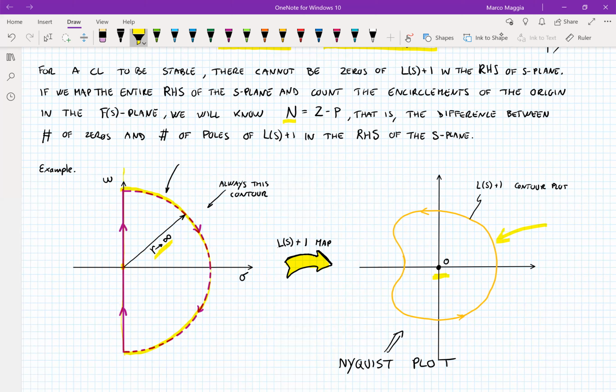That is N, but N is Z minus P. So by just looking at the encirclement of the origin in the mapped plane, we have information about the difference between the zeros and the poles of L of S plus 1 that lie on the right-hand side of the S plane. Yes, but we are interested in the zeros of L of S plus 1. Now we only have the difference between the zeros and the poles.